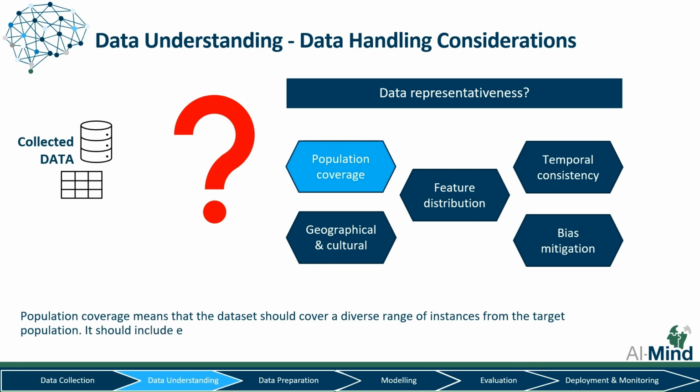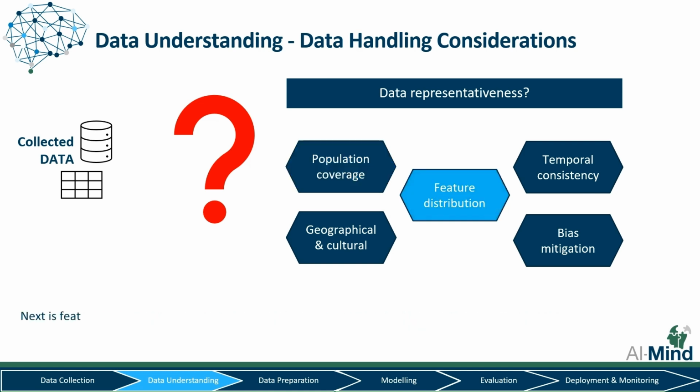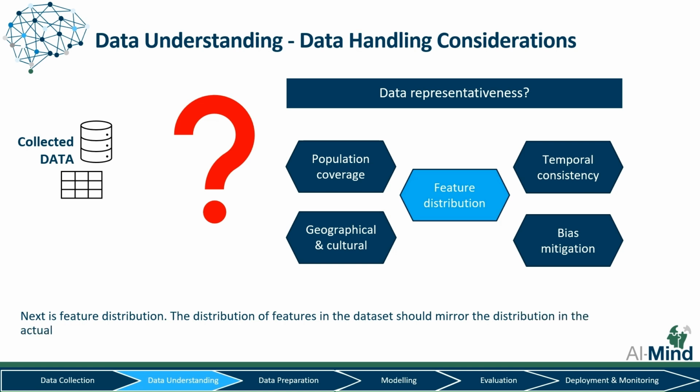It should include examples that capture the full spectrum of variability in the real-world scenario. Next is feature distribution. The distribution of features in the dataset should mirror the distribution in the actual population. This ensures that the model learns patterns that are relevant.